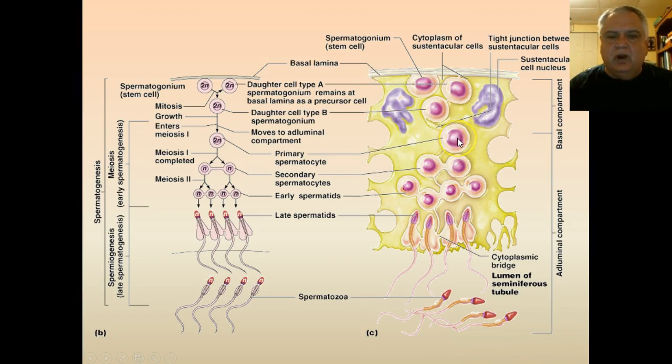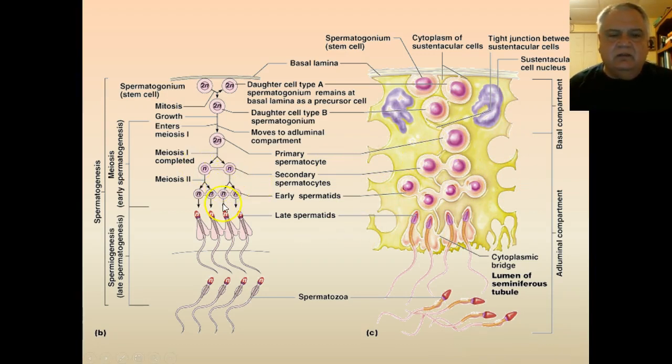So here's one primary spermatocyte that undergoes a first meiotic division. Chromosome number is reduced by half. Each of these now has the n number of chromosomes and is referred to as a secondary spermatocyte. Now, each one of these secondary spermatocytes will then undergo a second meiotic division.